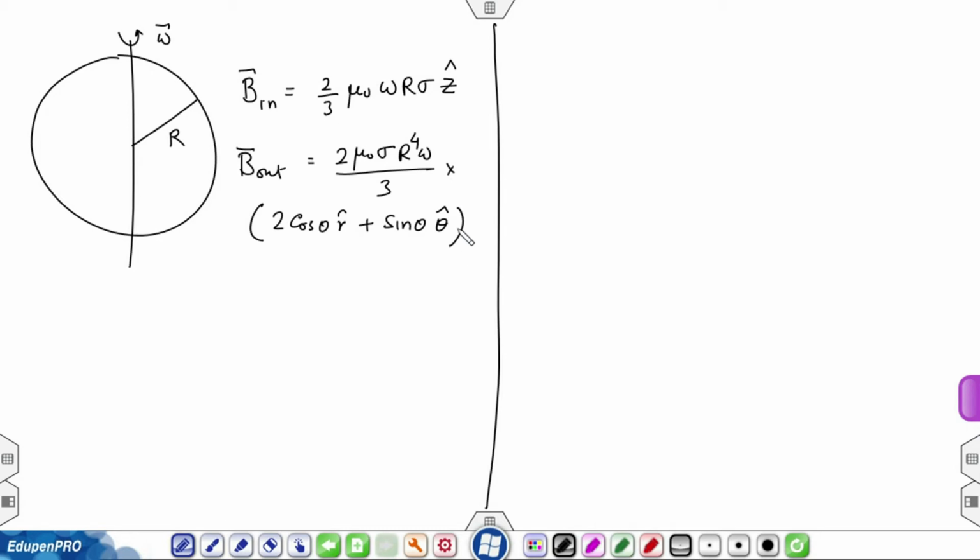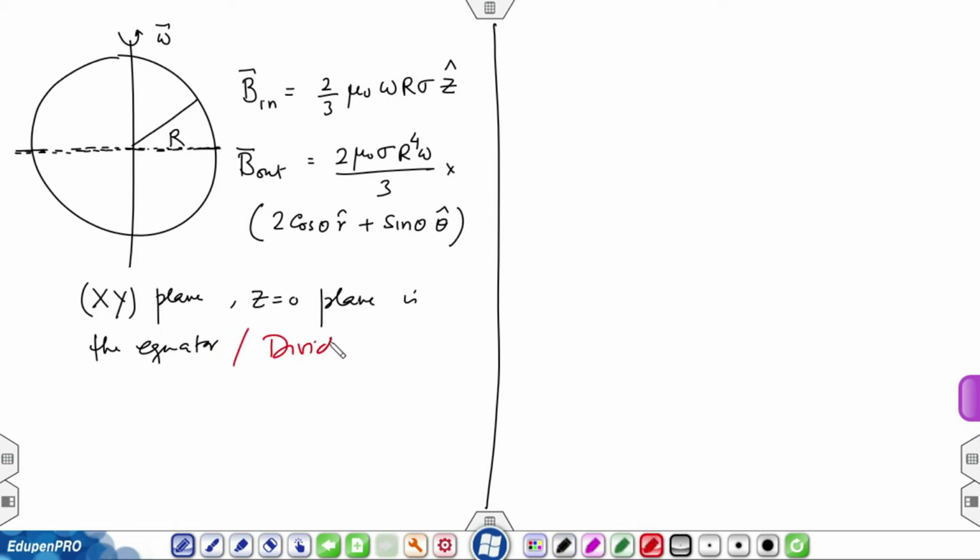And we want to calculate the stress tensor on the plane containing the equator. So, we want to calculate this on the xy plane, the z equals 0 plane, which is the equator that divides the spherical shell into two parts.